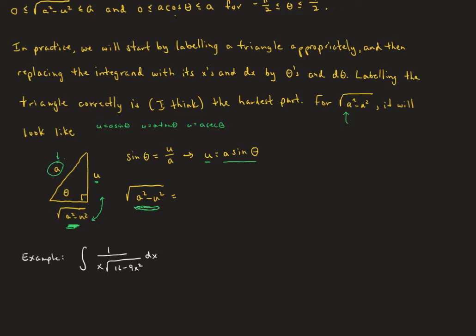So we can see then that a cosine of theta is going to be the square root of a squared minus u squared over a, and then multiplying that a over, that's going to make our radical be a cosine theta.